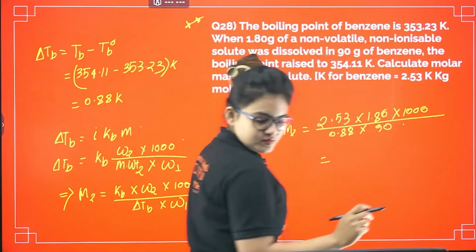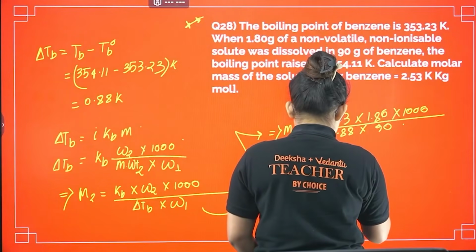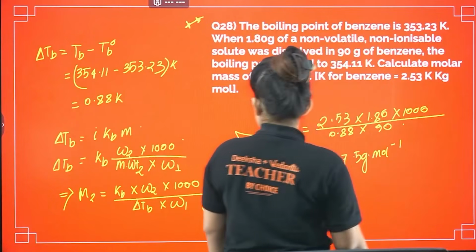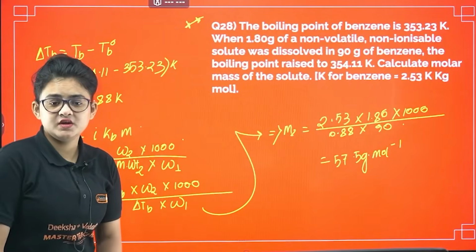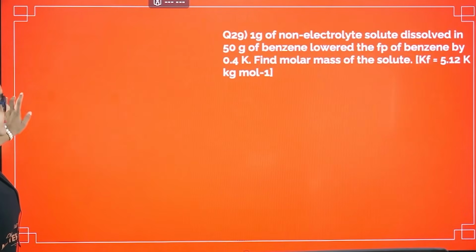So now if you calculate this, your answer will be 57.5 gram per mole. I guess it's clear to you. Let's proceed further.